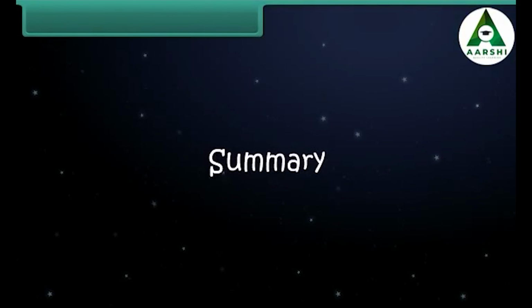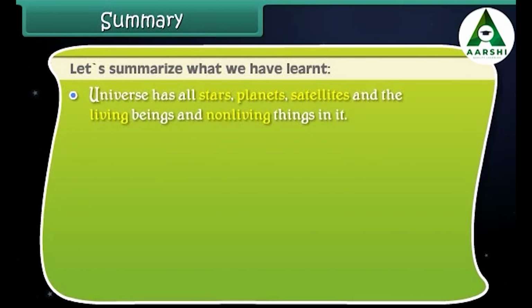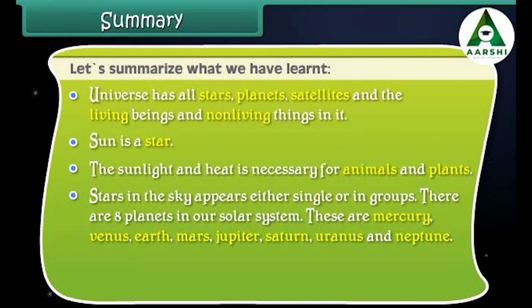Summary. Now friends, let's summarize what we have learned so far. Universe has all stars, planets, satellites, and the living beings and non-living things in it. Sun is a star. The sunlight and heat is necessary for animals and plants. Stars in the sky appear either single or in groups.